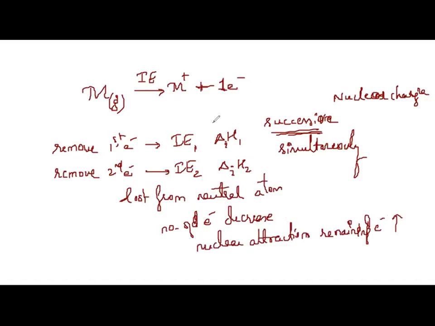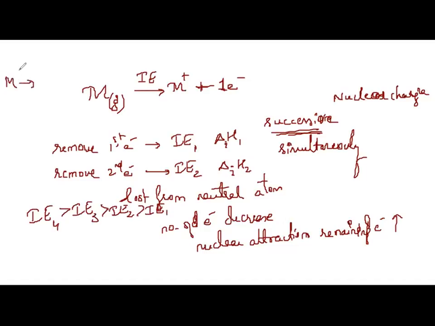Therefore, with successive ionization enthalpies, if there are four, the fourth ionization enthalpy is more than the third, which is more than the second, which is more than the first ionization enthalpy.